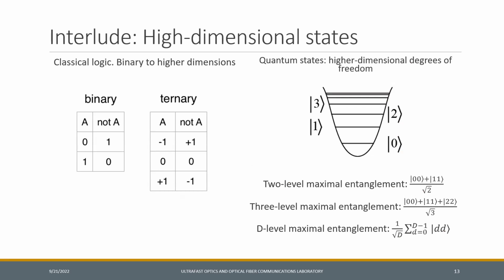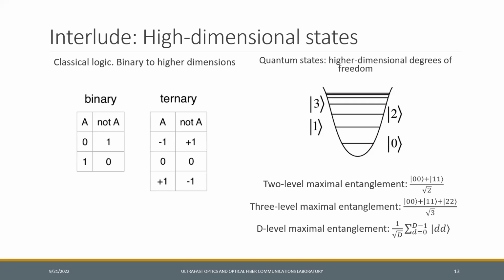Now, obviously, there are degrees of freedom like polarization, which intrinsically have two different polarizations you can be in. There's no way to add another dimension to the polarization of a photon. But with something like the photon's frequency or the photon's energy, you can have as many dimensions as you want.